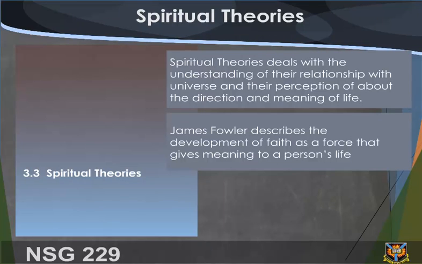3.3 Spiritual theories. Spiritual theories deal with the understanding of the relationship with the universe and the perception of the direction and meaning of life. James Fowler describes the development of faith as a force that gives meaning to a person's life.